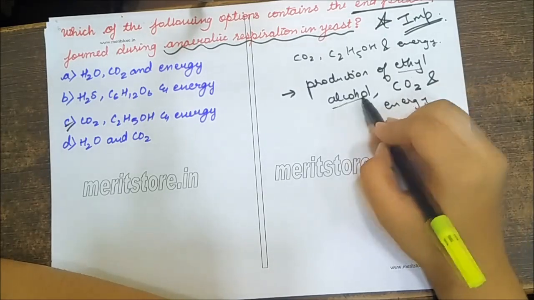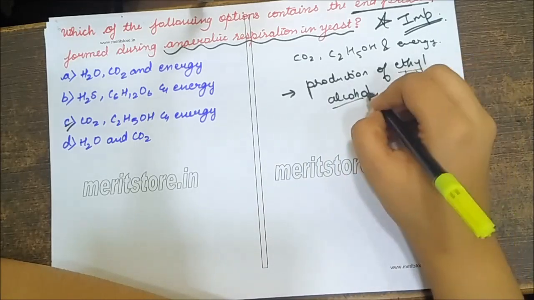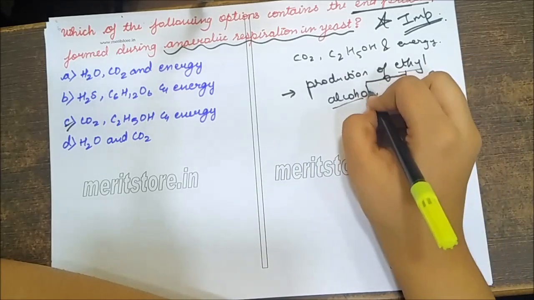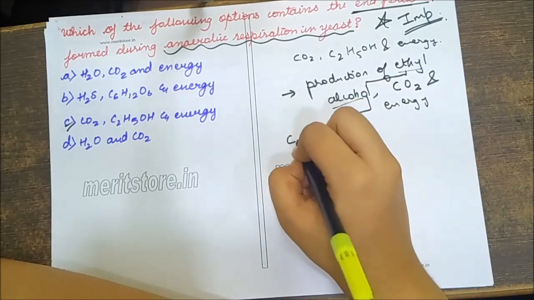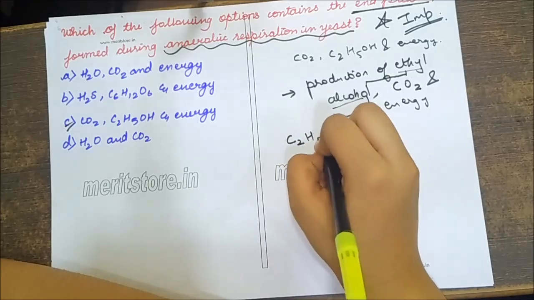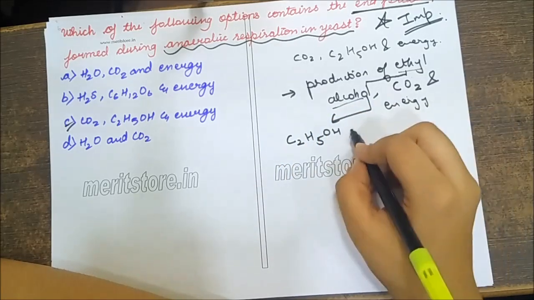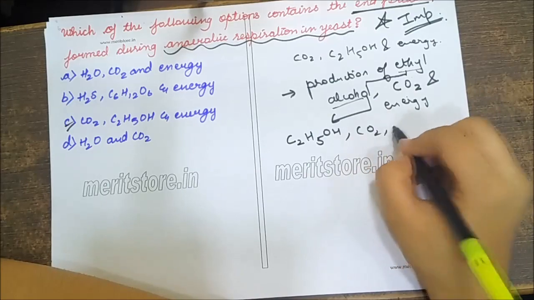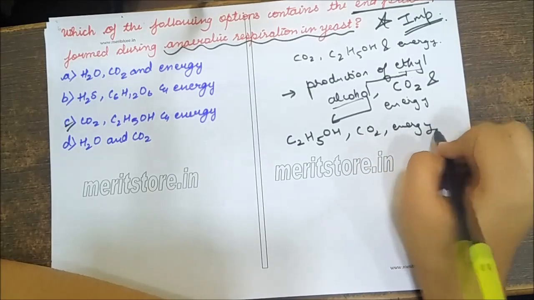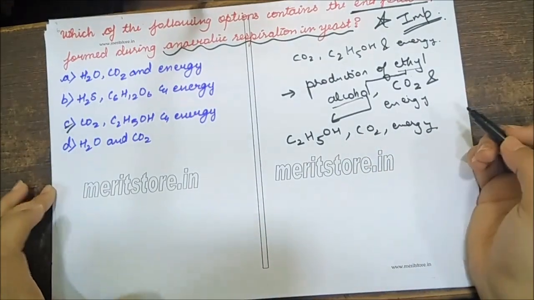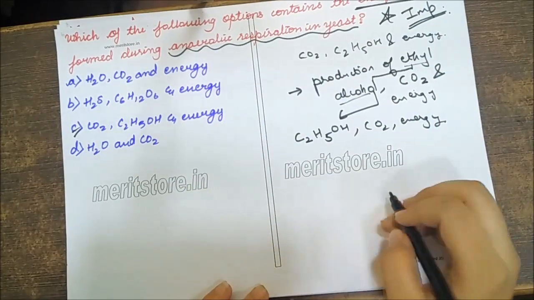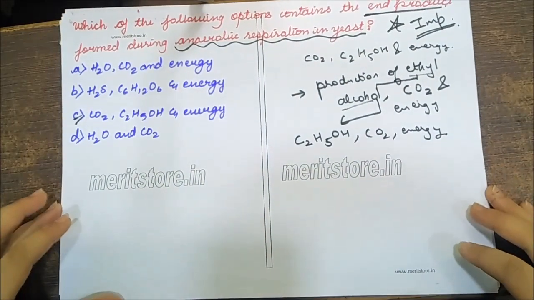So what is ethyl alcohol? Ethyl alcohol is itself C2H5OH, CO2 and energy. Let's write down the formula, and the formula goes this way.